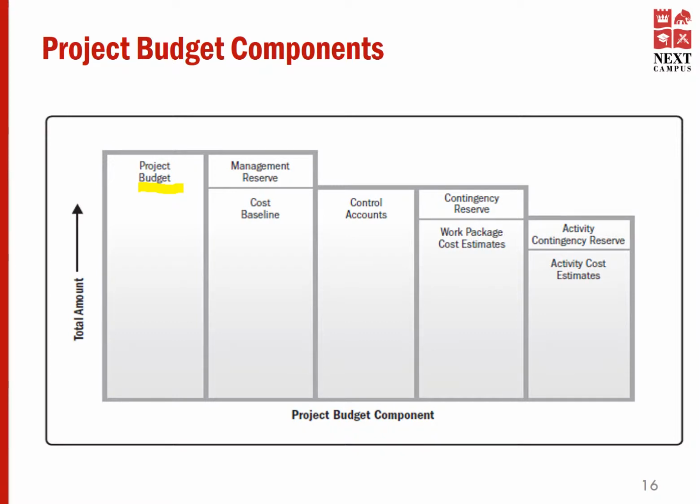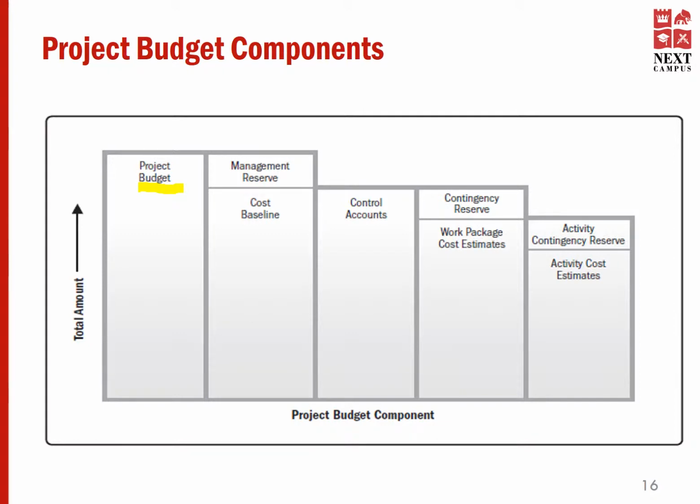Control accounts have two components of costing or budgeting. That is, work package cost estimates and contingency reserve. When you do a work breakdown structure, when it rolls up to work packages, at the work packages level, work packages are estimated.